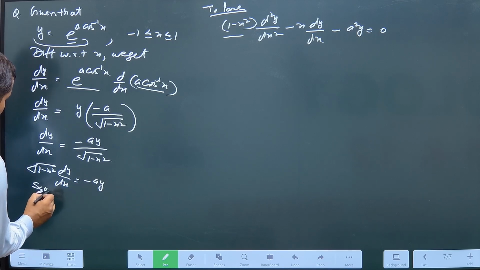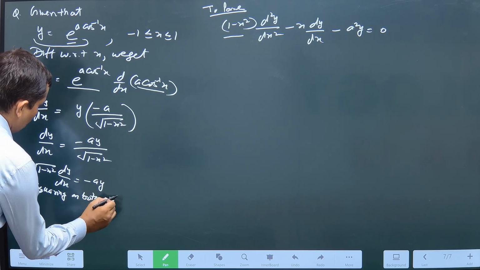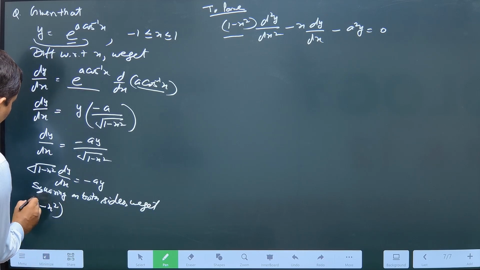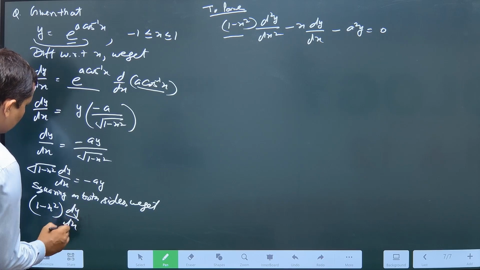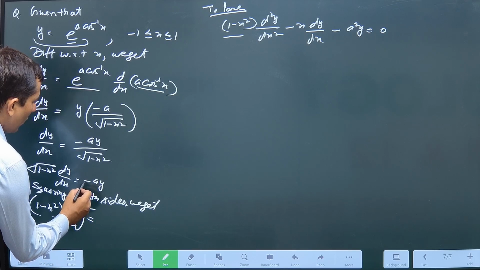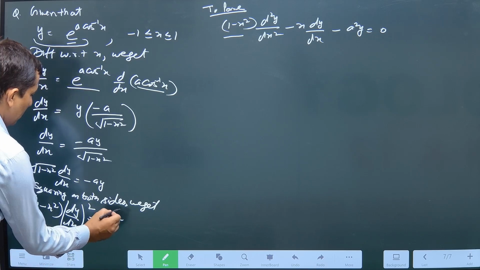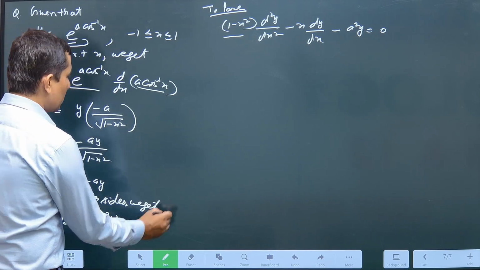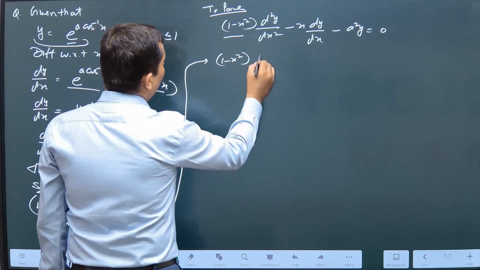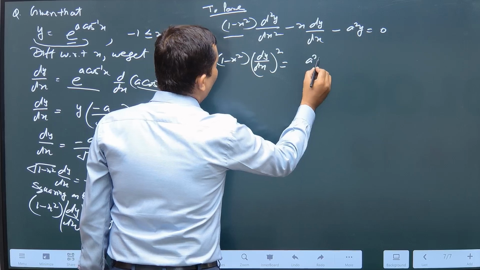Squaring on both sides, we get 1 minus x square into dy upon dx whole square is equal to a square y square. Clear? Write down this here.